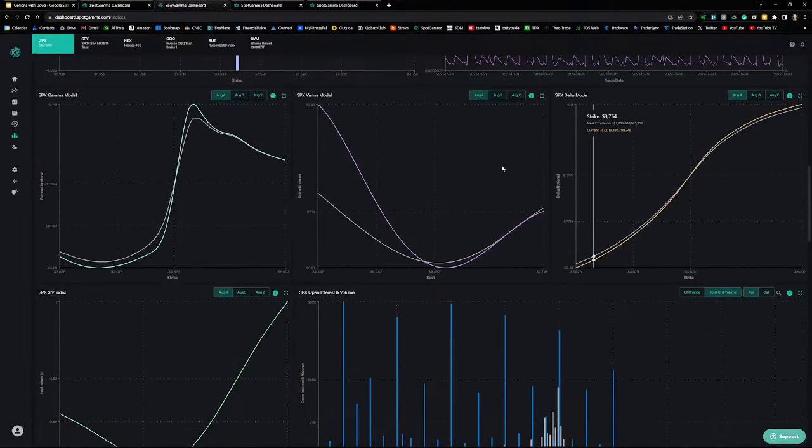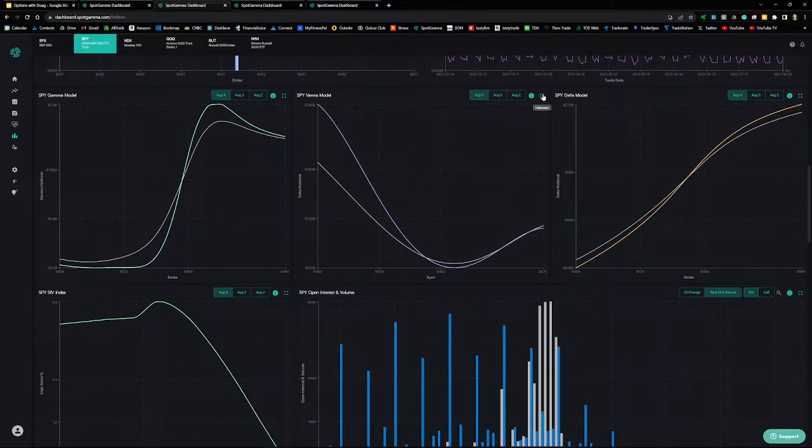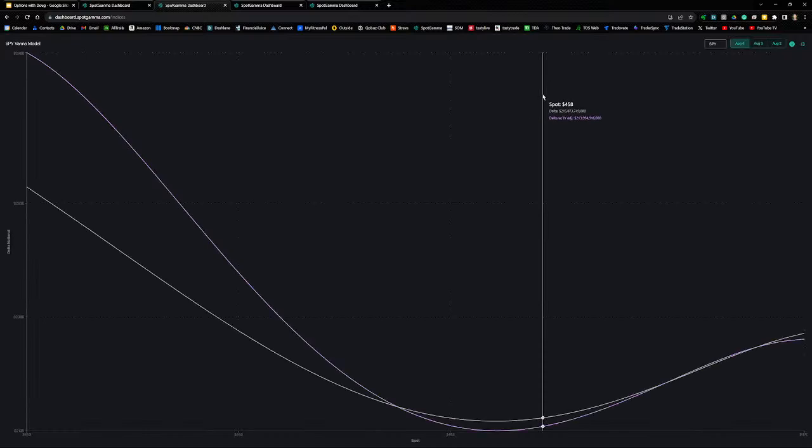Let's take a look at SPY. Remember, SPY was quite significant gamma notional. So I've got SPY, the low of the day was about 449. So that's right here. And right now price is trading at 451.